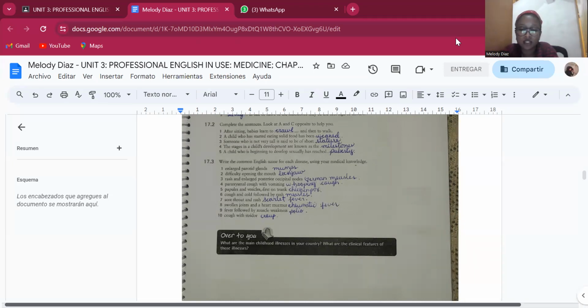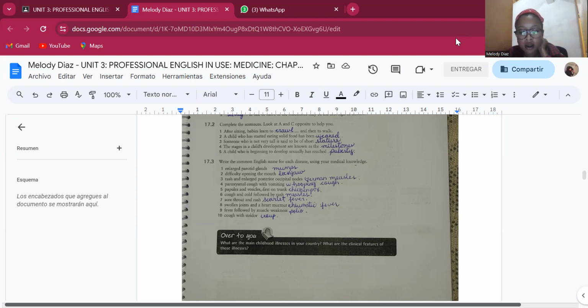Write the common English name for each disease using your medical knowledge. Number 1, enlarged parotid glands, mumps. Number 2, difficulty opening the mouth, lockjaw. Number 3, rash and enlarged posterior occipital nodes, German measles.